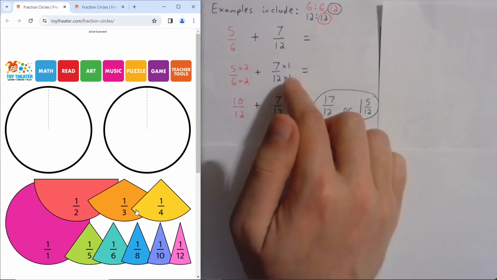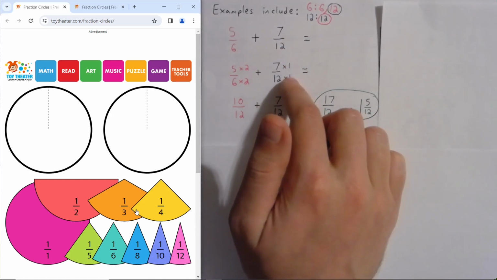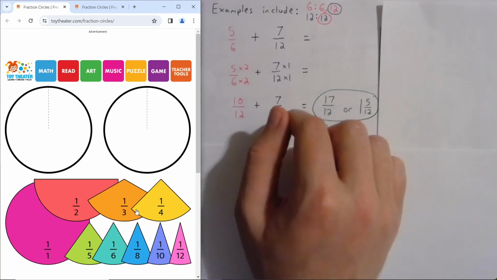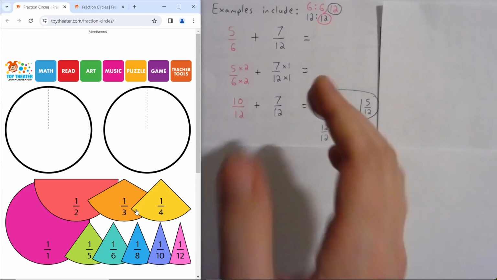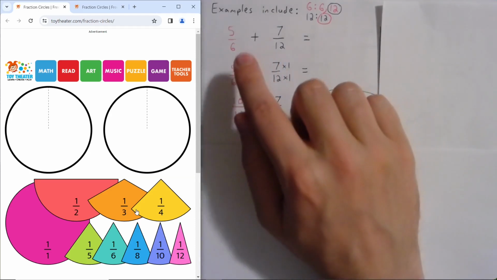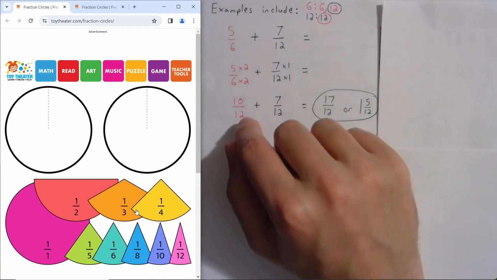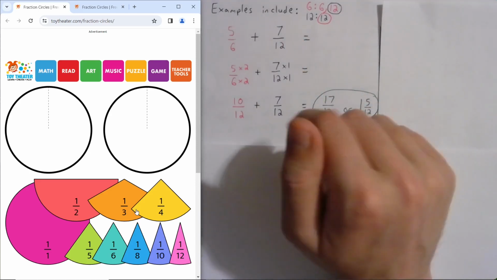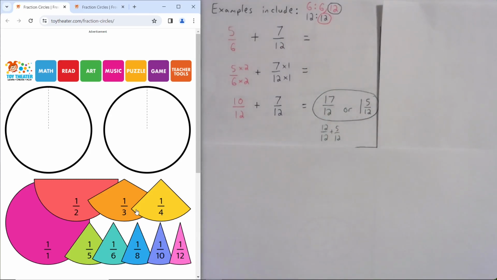To get the denominator of 12, you can just do times 1 for your denominator and do the same thing to the numerator of times 1. 7 times 1 is 7, and 12 times 1 is 12. So what we end up doing is we turn 5/6 into the equivalent fraction of 10/12 and 7/12 into the equivalent fraction of 7/12. And then it's easy.